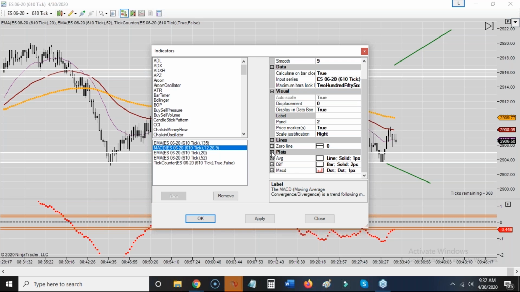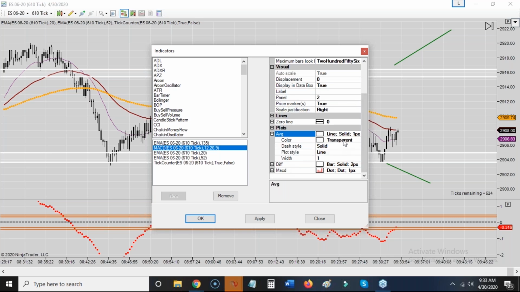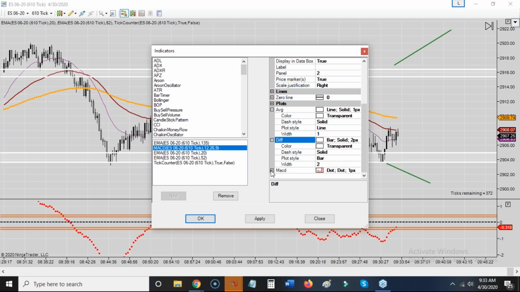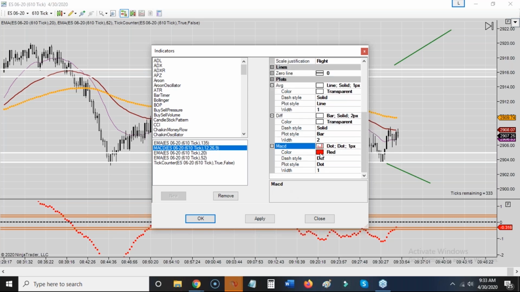Thinkorswim, Trading Station, Sierra Charts, it doesn't matter. These are all universal indicators. When you choose the MACD, it usually gives you three things: an average, a difference, and the actual MACD. If you're familiar with NinjaTrader, I just make them all transparent so they don't get in my way, and the MACD is the one that I actually give color.